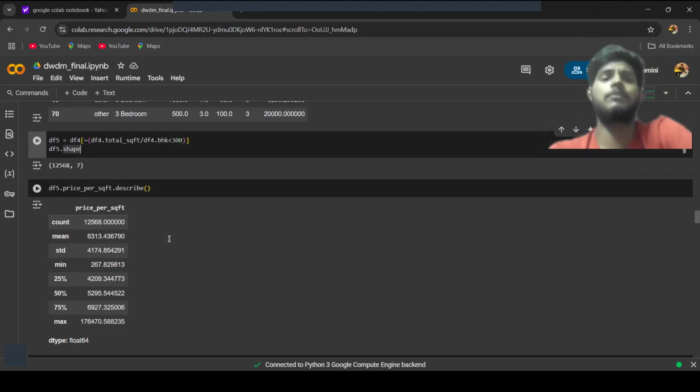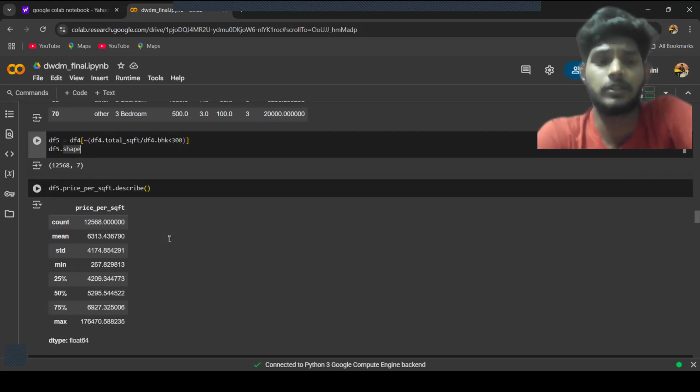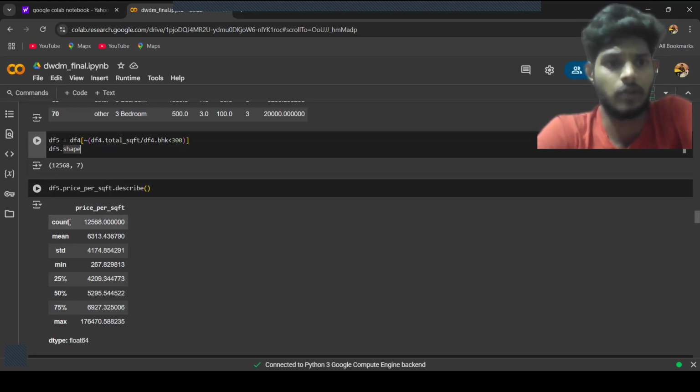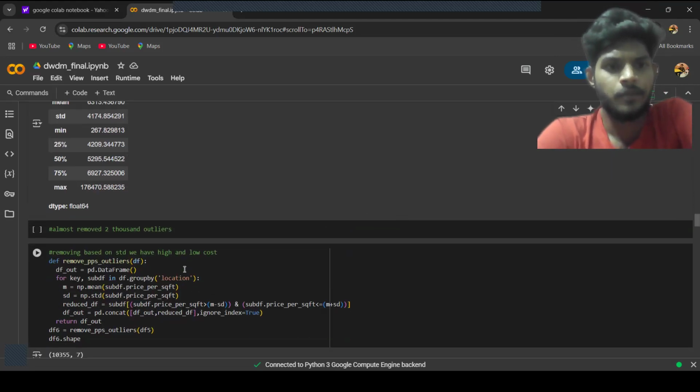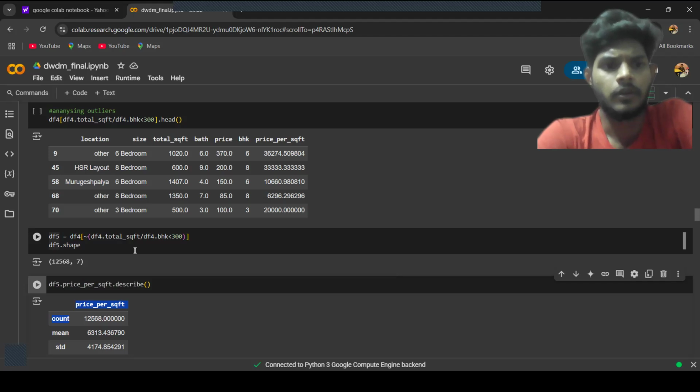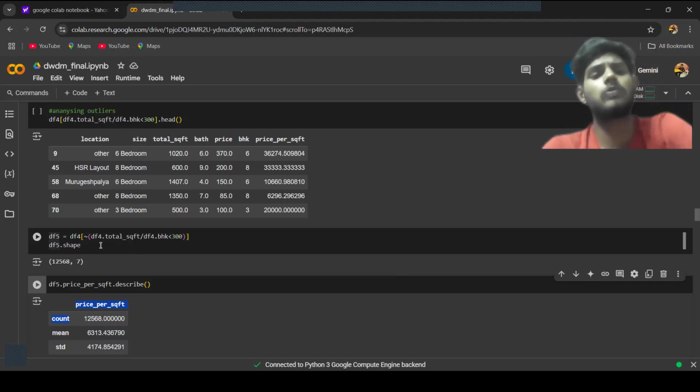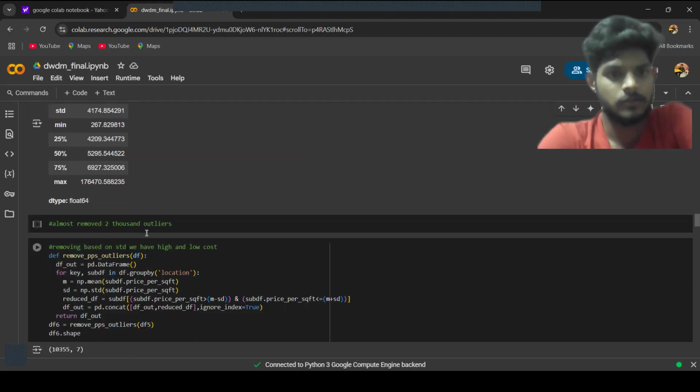Now we will describe the price per square feet in terms of count, mean, standard deviation, minimum value, maximum value, all this. Here we removed nearly 2000 records that are completely outliers.